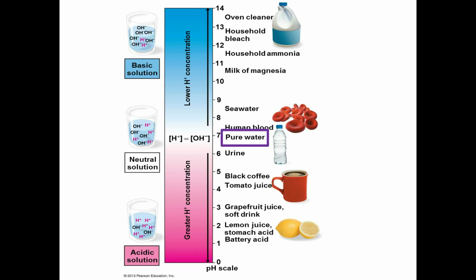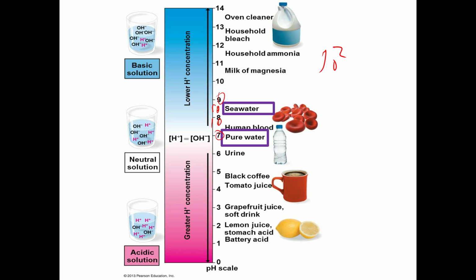Now what about going from pure water to seawater? Here you're becoming more basic. Pure water has a pH of 7, and seawater has a pH of around 9. Again, it's a log scale, so you're going up 1 pH unit, 2 pH units.